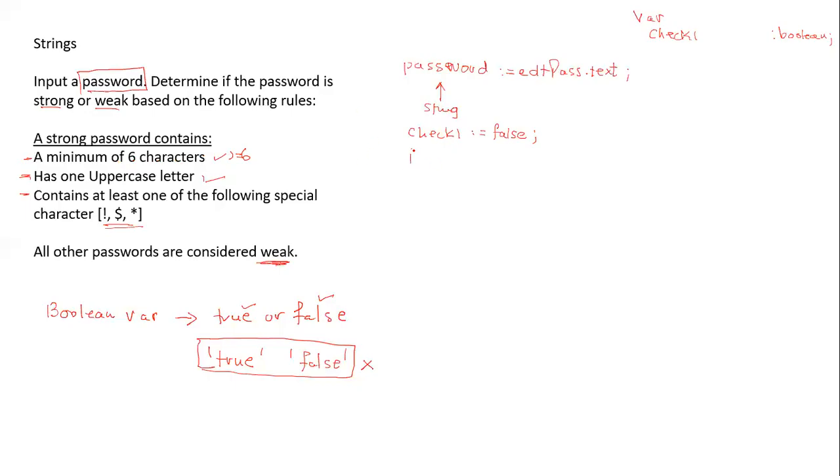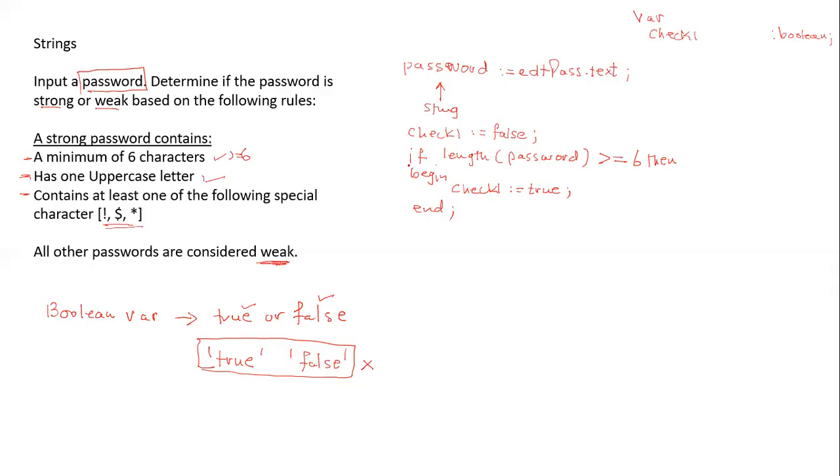So I'm going to then use a check to see if the length of password is greater than or equal to 6, then I'm going to set check1 to true. End.